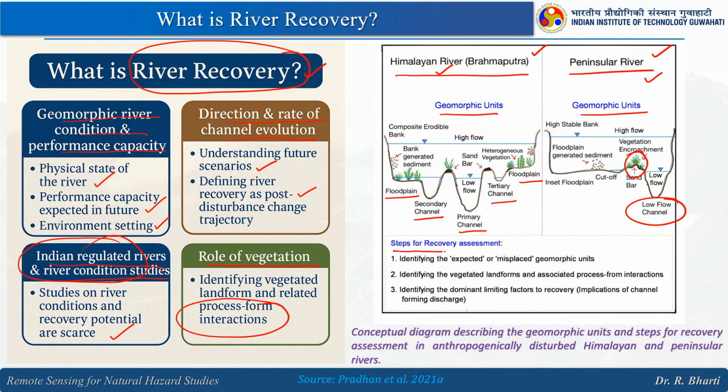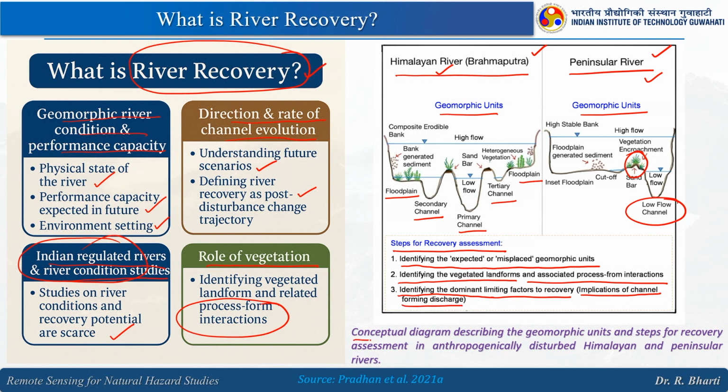Steps to recovery assessment: identifying the expected or misplaced geomorphic units, identifying the vegetated landforms and associated process form interaction. Then we need to identify the dominant limiting factors to recovery, and the implications of channel forming discharge.